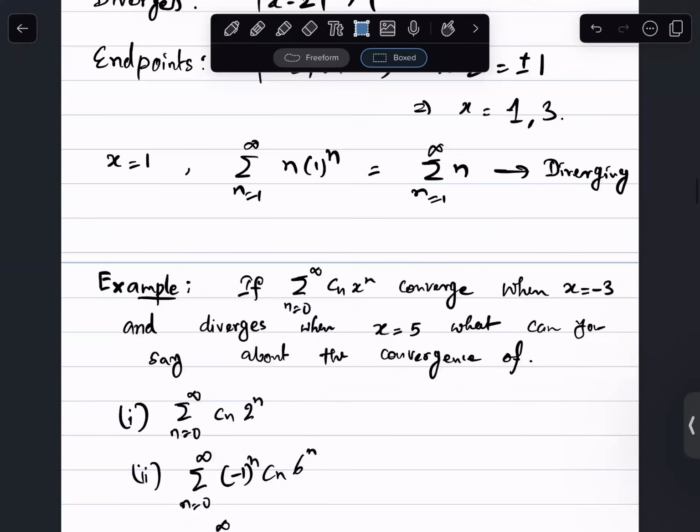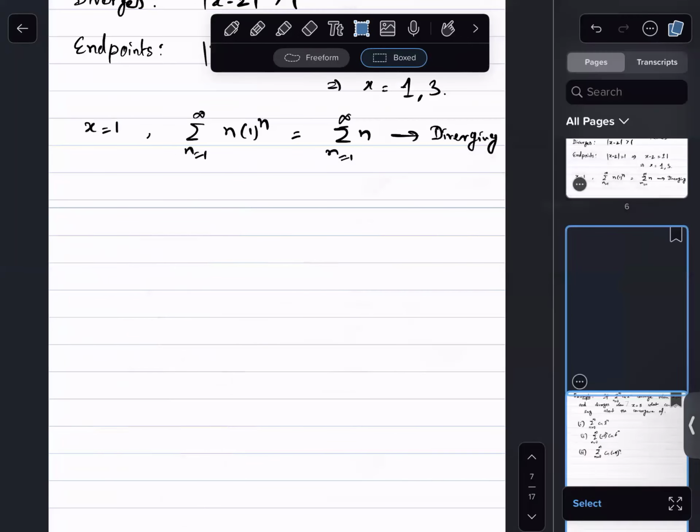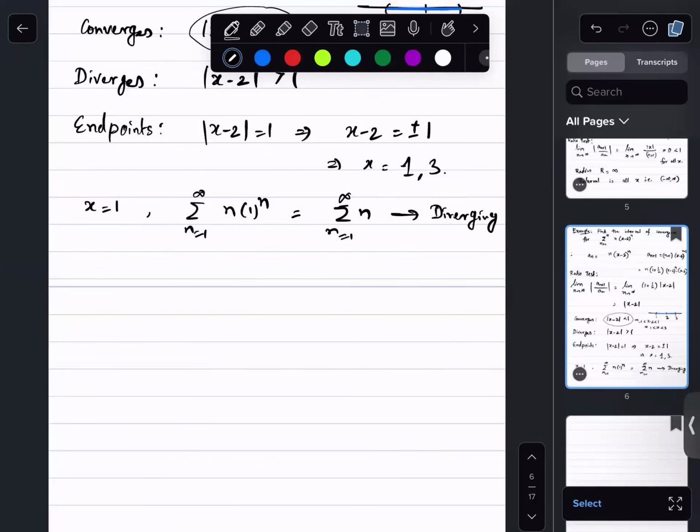Okay, so now I can see that at x equal to 1, the series diverges. For x equal to minus 1, the series becomes n equal to 1 to infinity, n times minus 1 to the n.